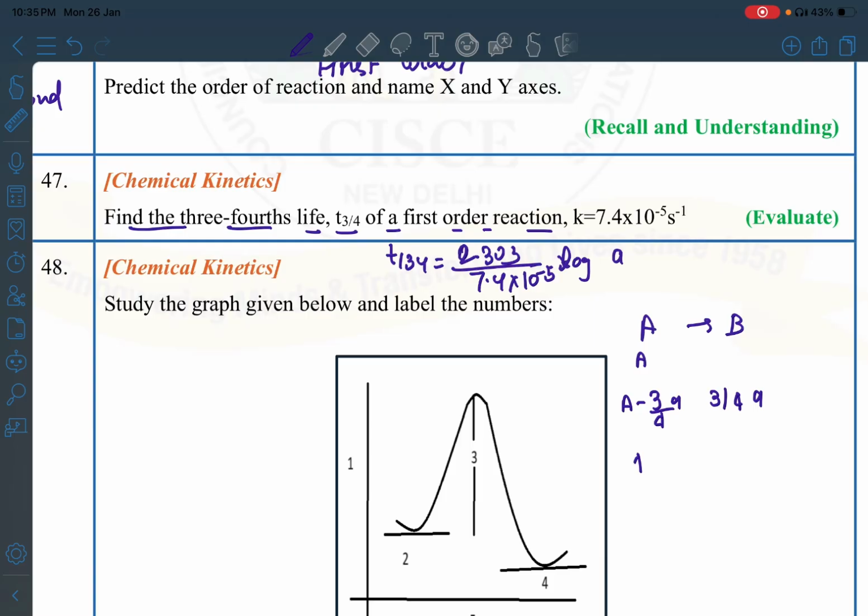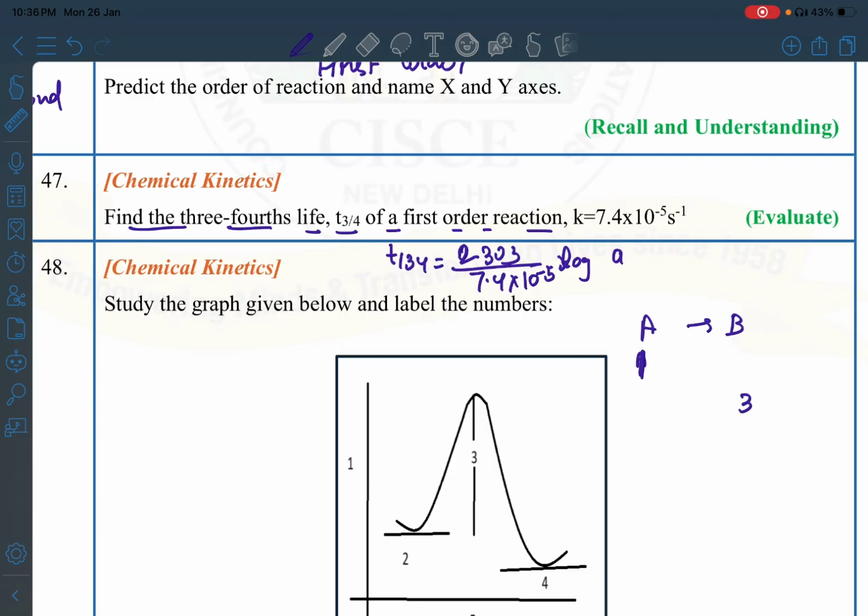So it will be like 4A minus 3A upon 4. Let's assume the initial concentration is 1.